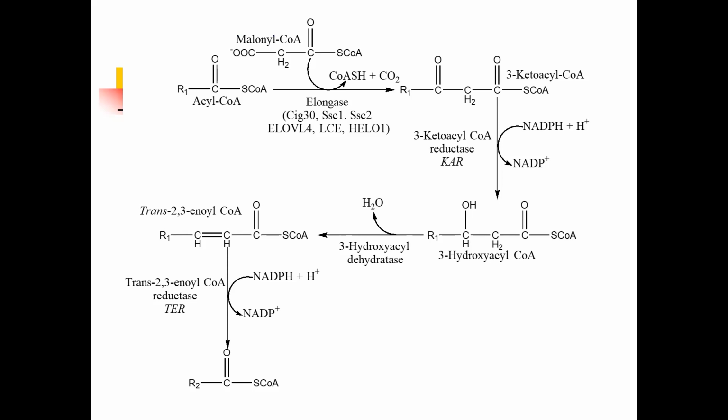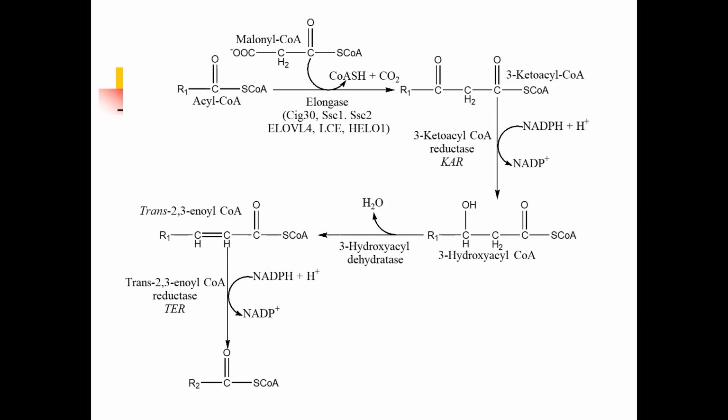It uses NADPH. That's CAR, which encodes the beta-ketoacyl or 3-ketoacyl CoA reductase. Then the 3-hydroxyacyl dehydratase will take the beta-hydroxyacyl or 3-hydroxyacyl coenzyme A and dehydrate it, making the trans-2,3-enoyl coenzyme A.